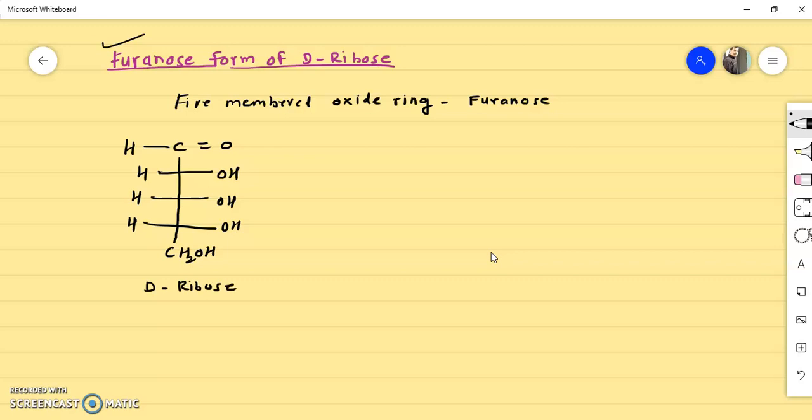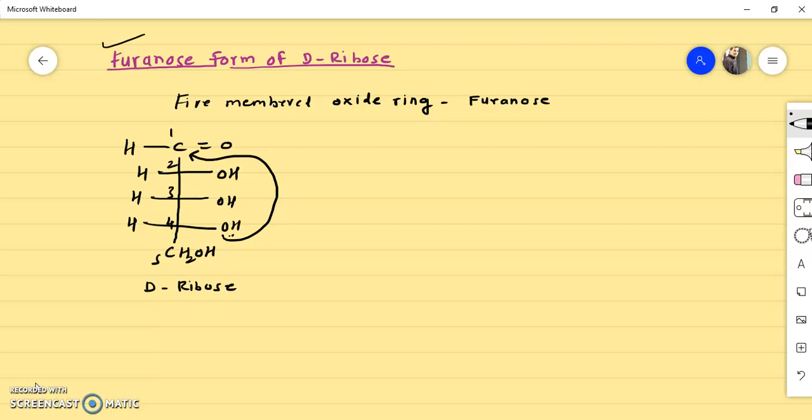Now after drawing this Fischer projection structure of D-ribose, we have to obtain its furanose form. To form a 5-membered oxide ring from D-ribose, what we need to do is this: counting the carbons 1, 2, 3, 4, 5, the hydroxy group of carbon number 4, that is C4, will attack the carbonyl carbon of C1.